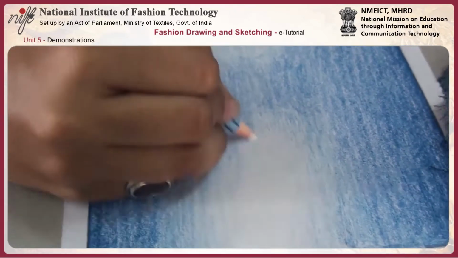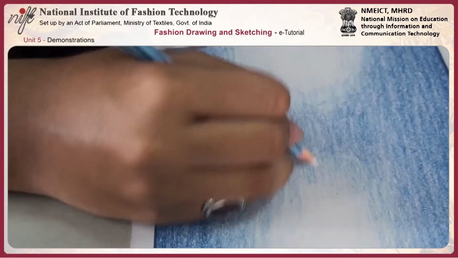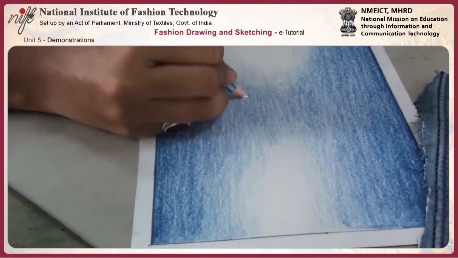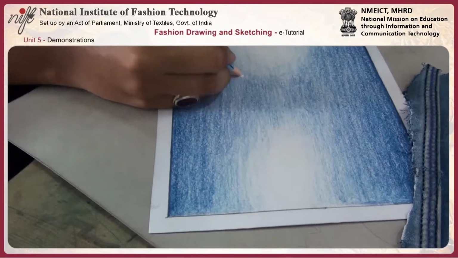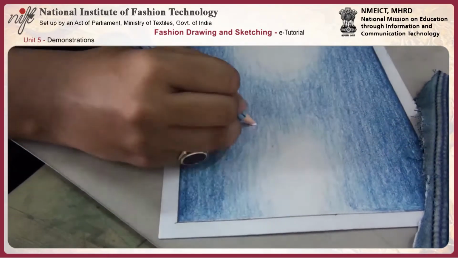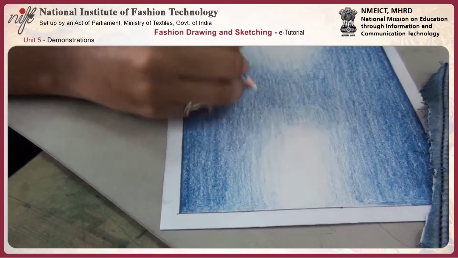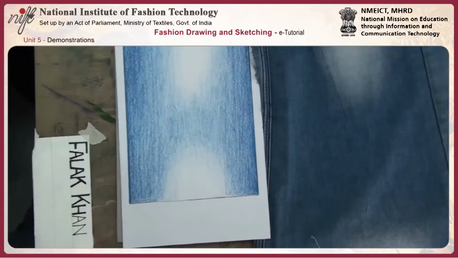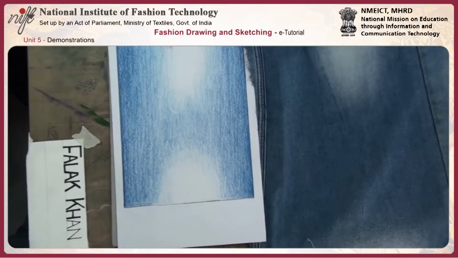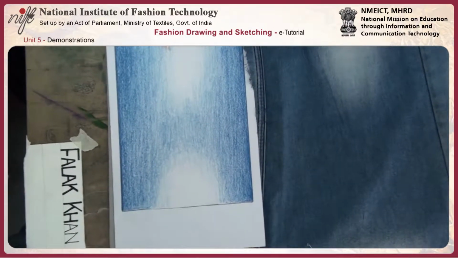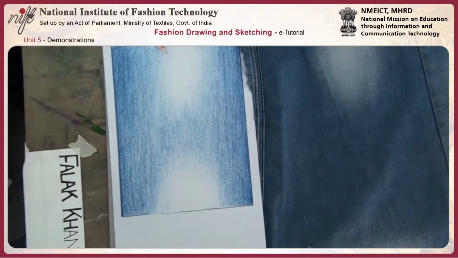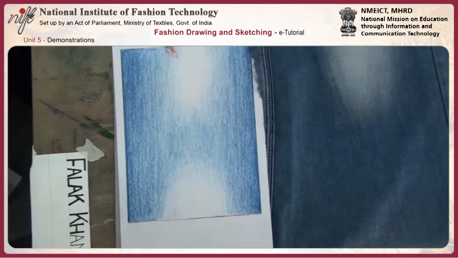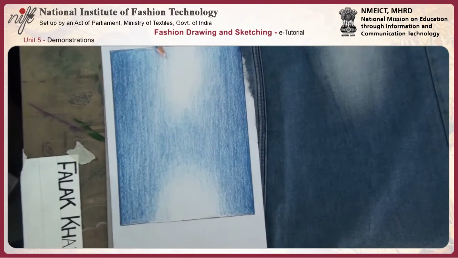Then you have medium blues and dark blues. So watch the rendering where the middle portion is more white while the sides are much darker. So the way you do the rendering will decide whether your rendering is going to look more three-dimensional.